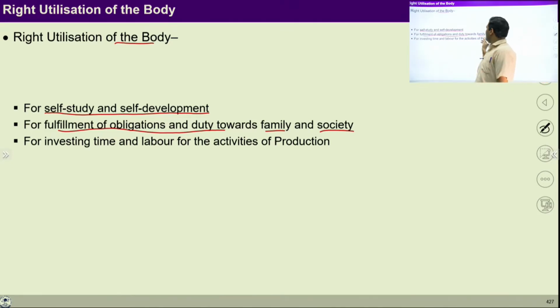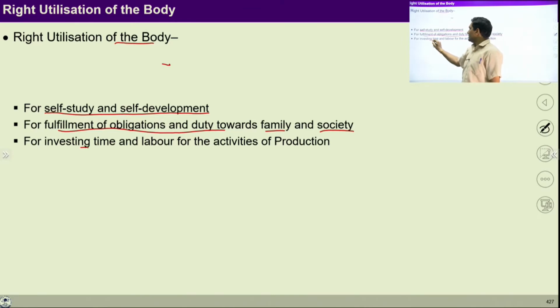To fulfill them, we need a body, we need a healthy body. So if we are using this body for fulfilling obligations and duties which are expected towards family and society, it means we are rightly utilizing our body.